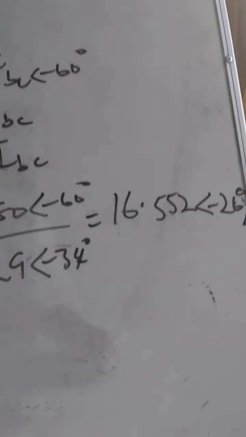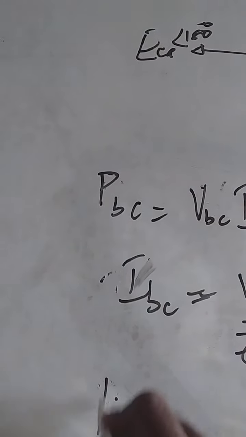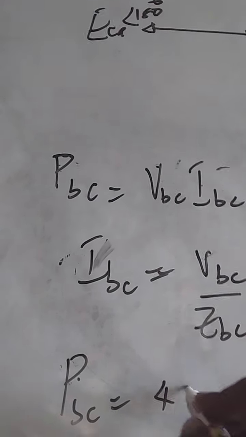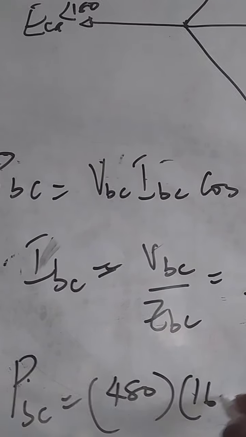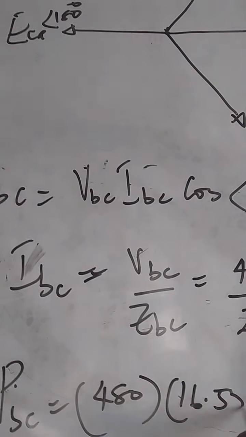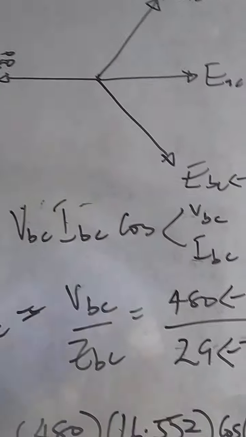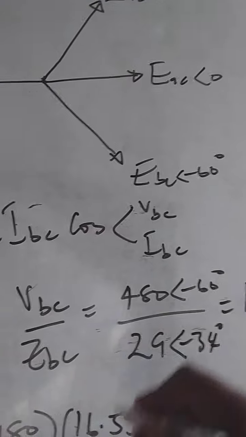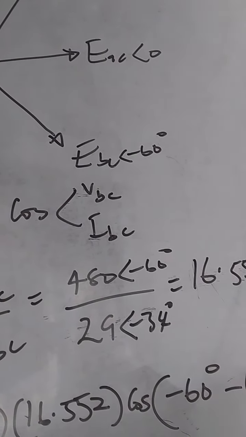Having determined our IBC, we can now find our PBC. Our PBC will be VBC, which is 480, times IBC, which is 16.552, cos of the angle of VBC, minus 60 degrees, minus the angle of IBC, minus 26 degrees.